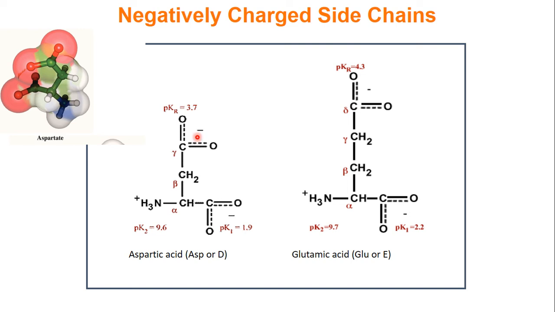So aspartic acid, the pKa or pKR of the side chain, is 3.7, and for glutamic acid it is 4.3. Like I said, you need to know those. The specific numbers down here for the backbone of each amino acid, you don't need to know, just the average numbers I gave in the previous slides.